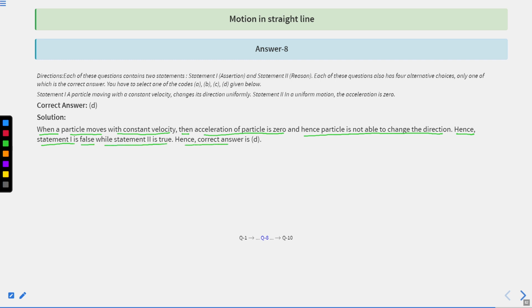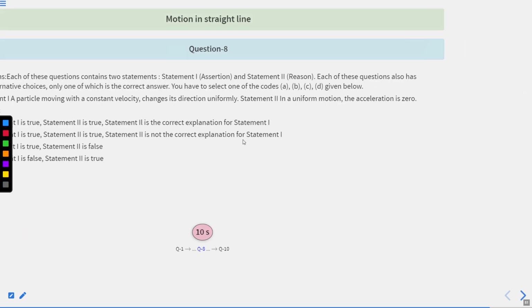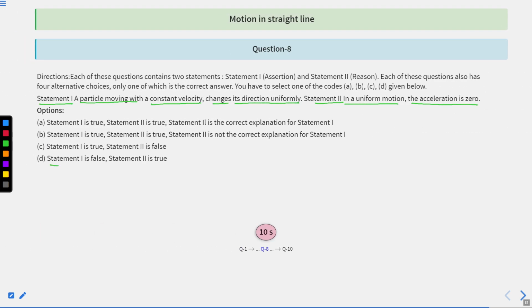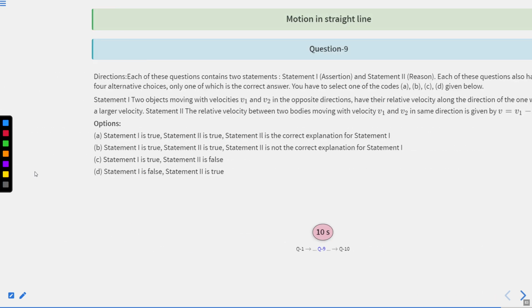Hence the correct answer is D. In a uniform motion, the acceleration is 0. Clear? Next question.